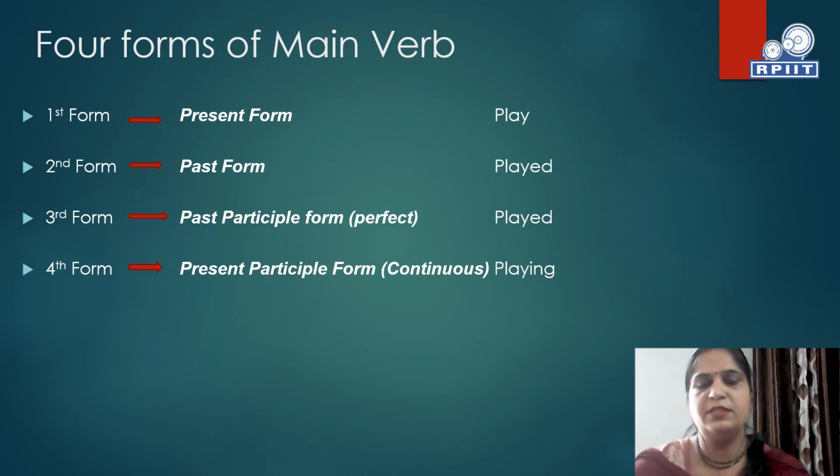Past participle form means the work recently completed, that is played. The fourth form, present participle form, means the work is still continuing. Here we will use first form of verb plus ing, like playing.